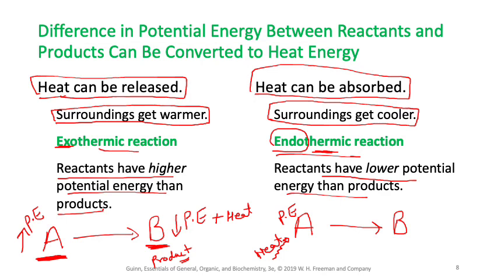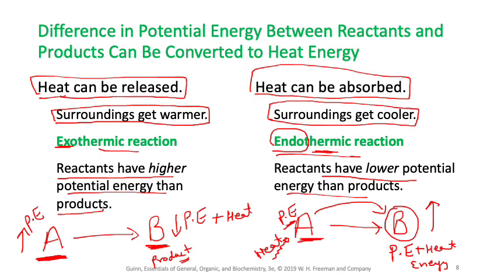So molecule A has some potential energy, and then you provided some heat energy from outside that did not belong to reactant A. When A goes to B, what's happening? You are getting two kinds of energy together, potential energy plus heat energy, right? So that means the energy of the product B in this case is higher compared to the reactant energy.